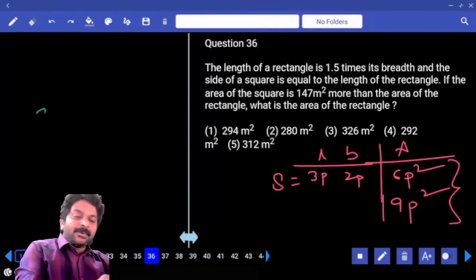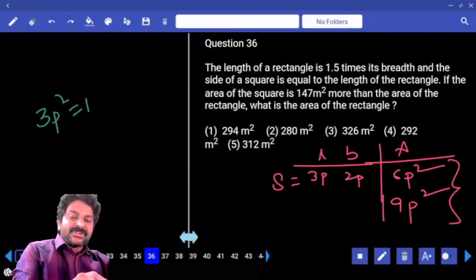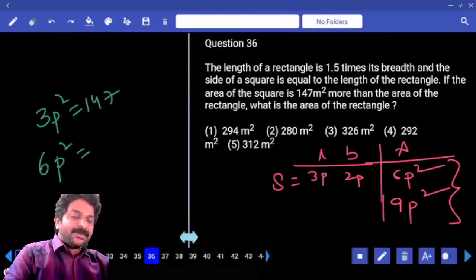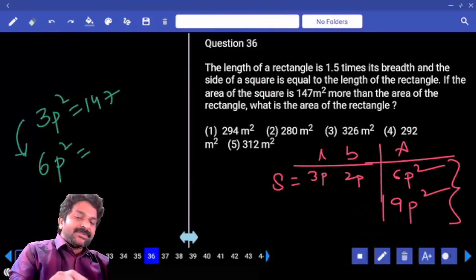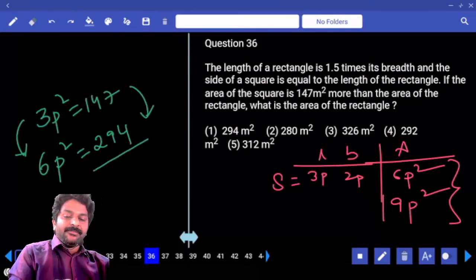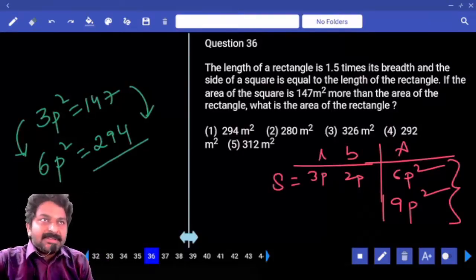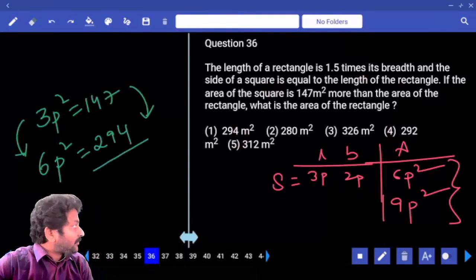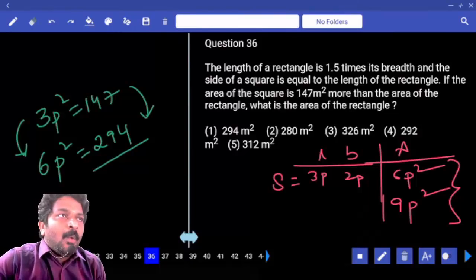Difference is equal to 3p square, which is 147. We were asked to calculate the area of the rectangle, which is 6p square, exactly 2 times this number, 294, first option. This is the procedure. Over.